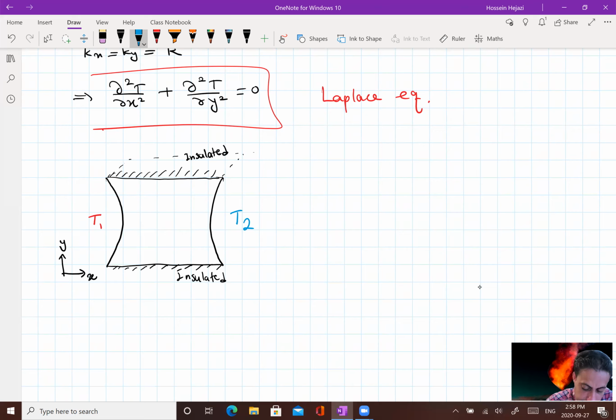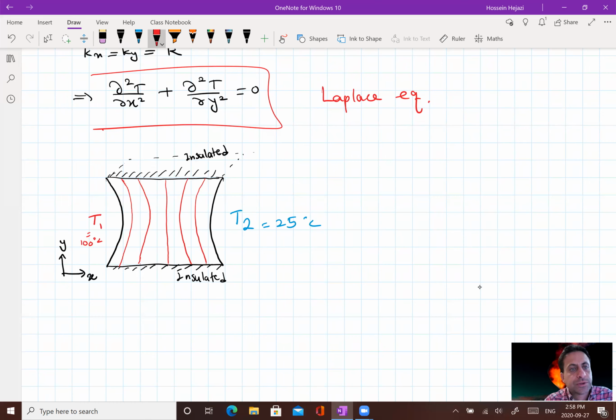T2 could be, I don't know, 25 degrees C, and T1 could be, let's say, 100 degrees C. Now, when you find the temperature distribution inside this solid, what you're going to see are these lines that show the points that have the same temperature, which we call isotherms, okay?